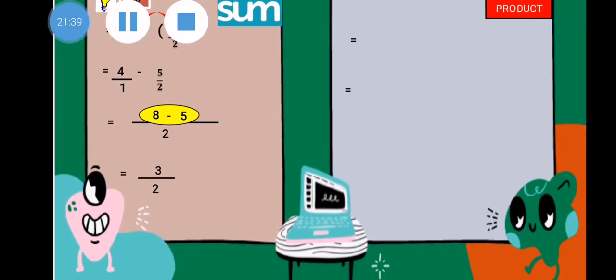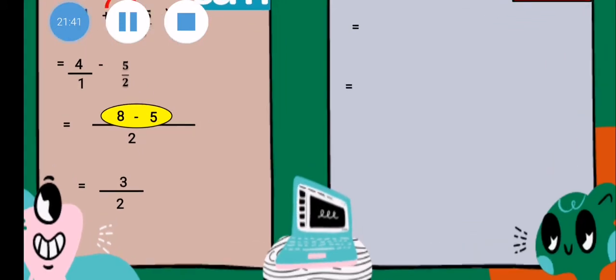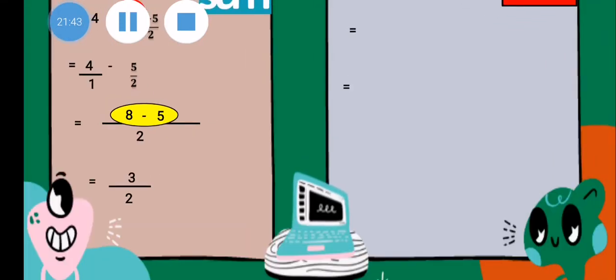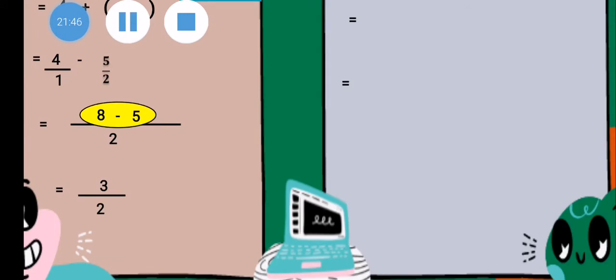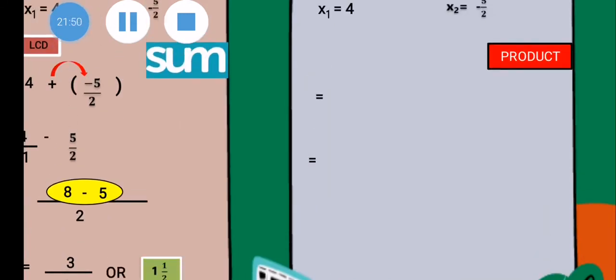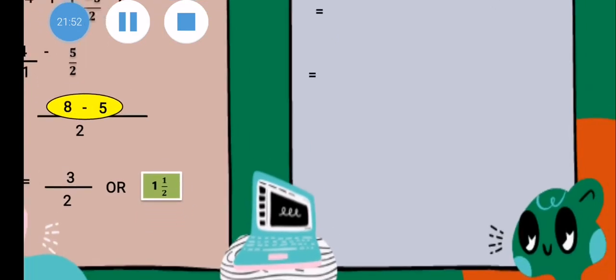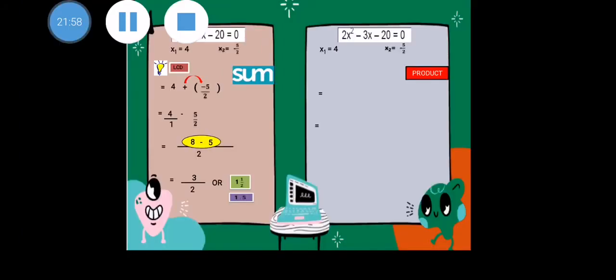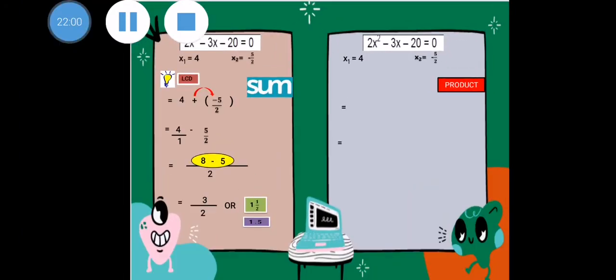So, yan po ay magiging 1.5 or 1 and 1 half. So, pareho lang po yun. Naka-mixed fraction or decimal. Okay? So, ganun lang po kasimple ang sum.